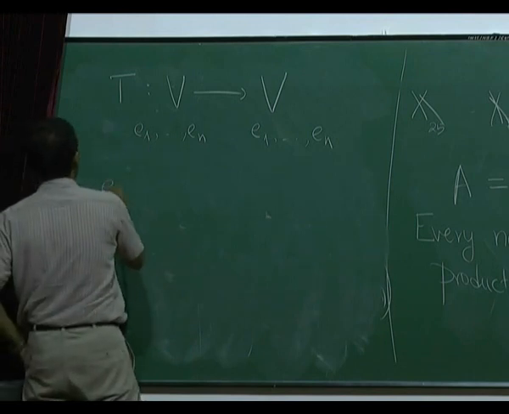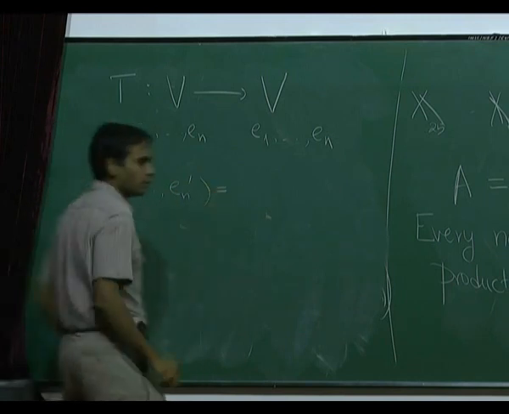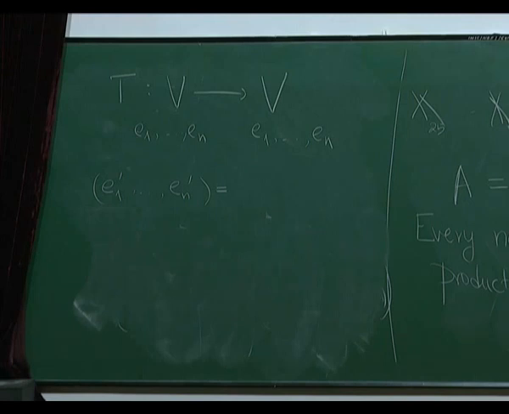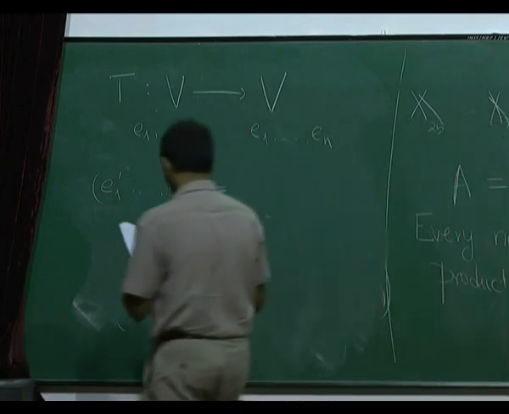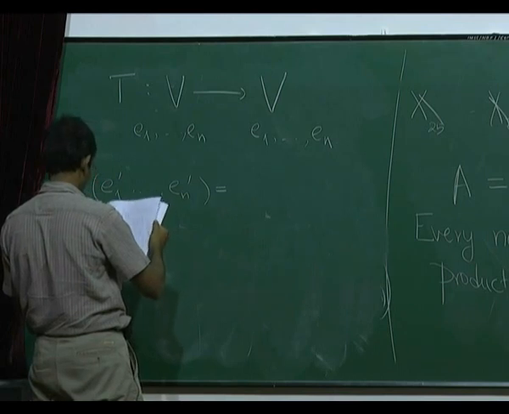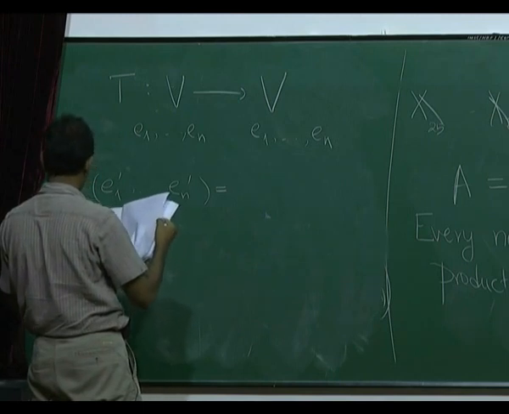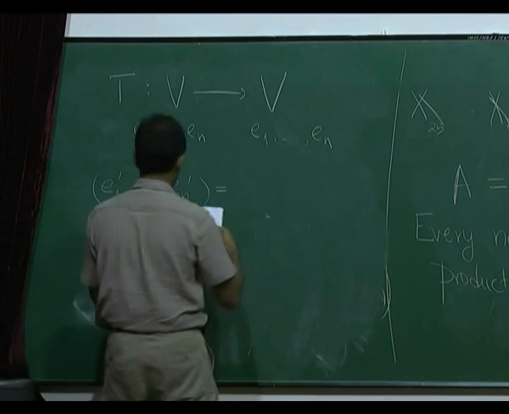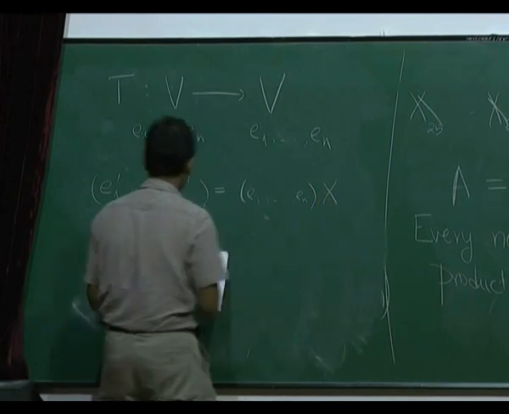So suppose I have E1 prime En prime equal to, so I need my notes because I always forget which way I transform the things. Equals E1 En times x.